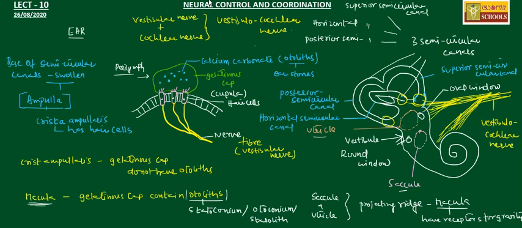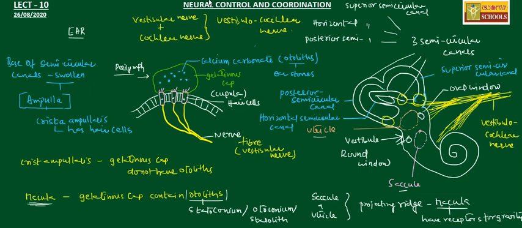The projecting ridge of the semicircular canals, the crista ampullaris, will not have these otolith organs. So that's all about the ear.